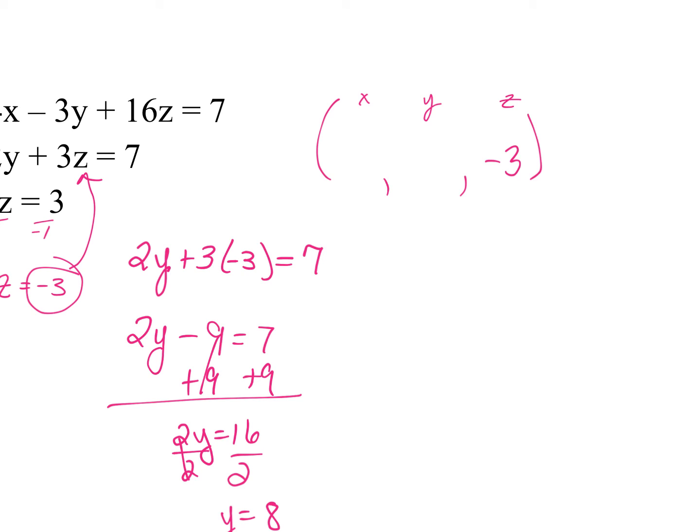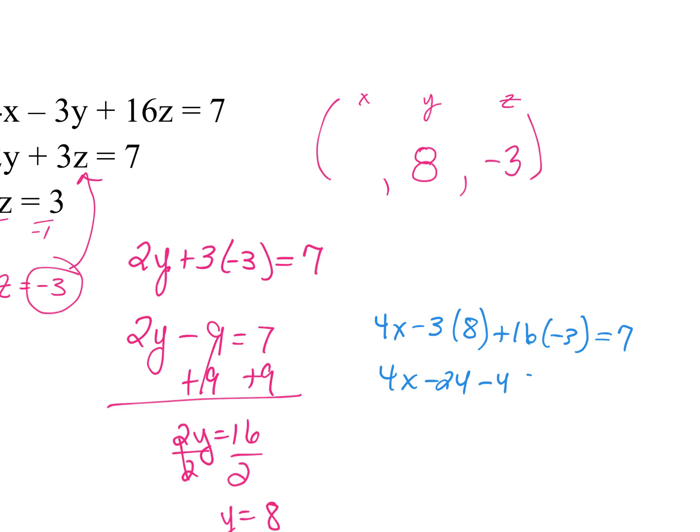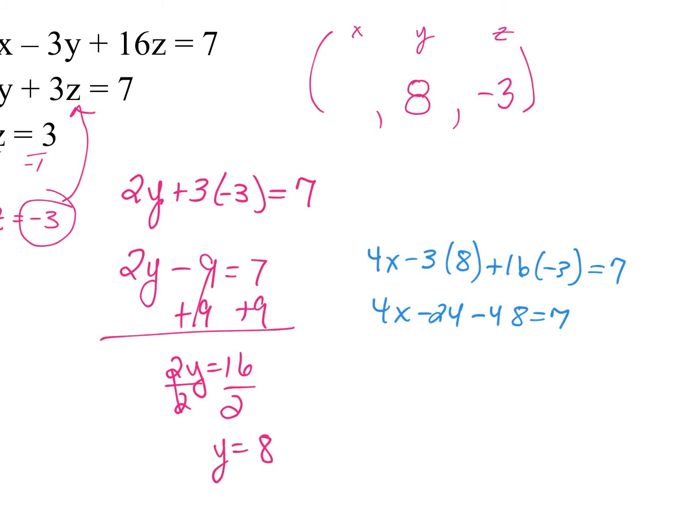So now that I know what x equals, just kidding, I know what y equals and I know what z equals, I'm going to take those and plug them in to find out what x equals. So I have 4x minus 3 times 8, because that's my y value, plus 16 times negative 3 equals 7. 4x minus 24, 16 and negative 3 is negative 48, equals 7.